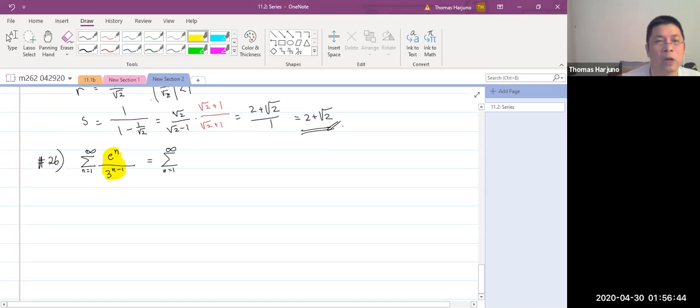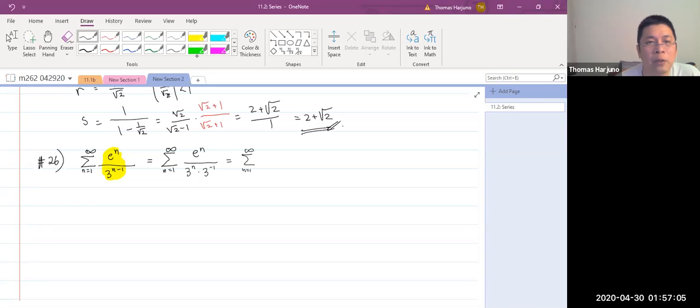That will be e to the n on the top. At the bottom, I have 3 to the n times 3 to the negative 1, right? Which is the sum from n equals 1 to infinity. What happened to this guy?